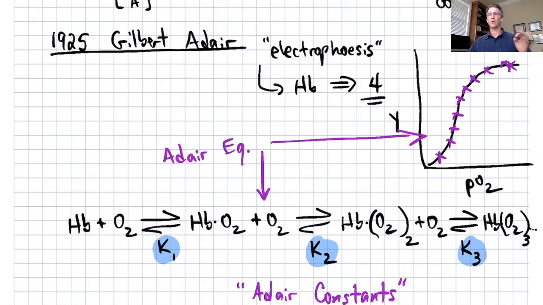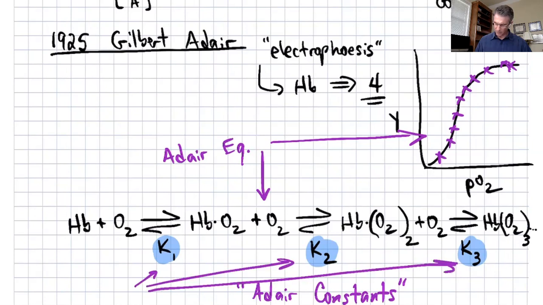But it has 0 mechanistic or predictive value because the model itself doesn't explain in any way where these different binding constants come from, how they could be encoded in the structure. It just sort of assumes that that happens, right? And out comes a perfectly good phenomenological model with no predictive mechanistic value.